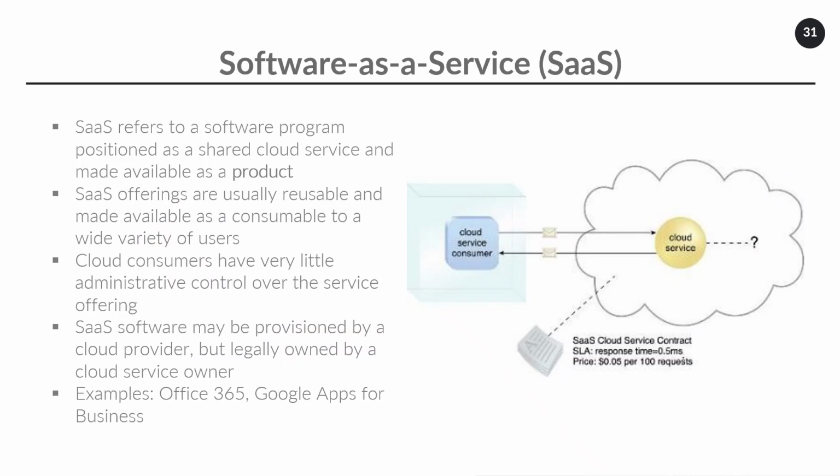Now, software as a service, SaaS, basically refers to a software program positioned as a shared cloud service and made available as a product, or we could say a generic utility.